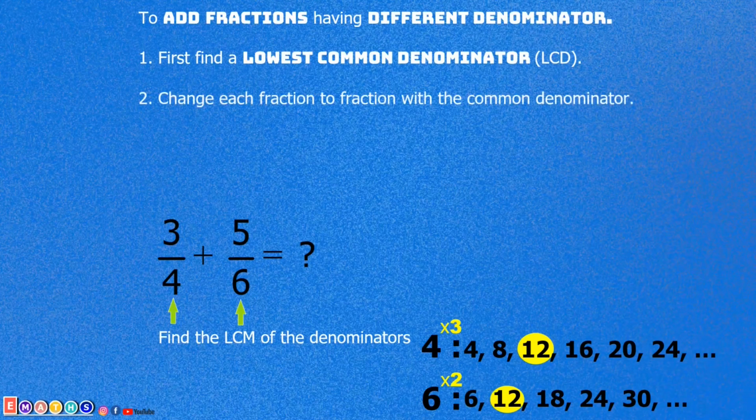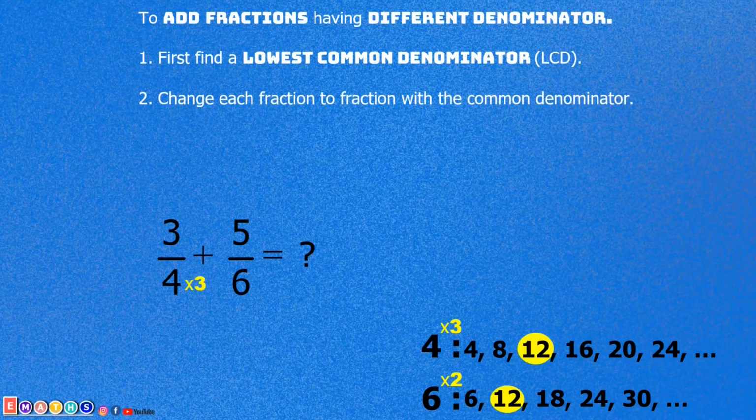We will now change each fraction to a fraction with the common denominator. To do that, for the first fraction, we multiply top and bottom by 3. Similarly, with the second fraction, we multiply top and bottom by 2.